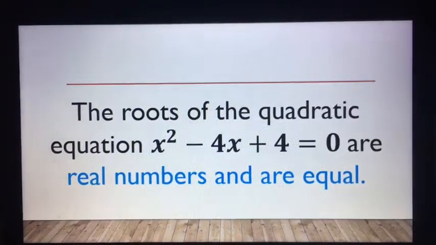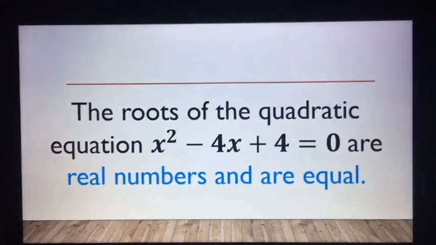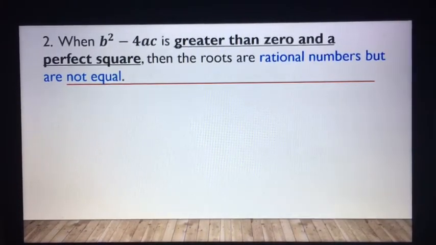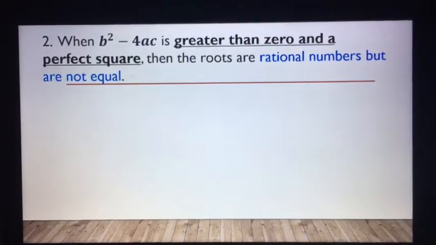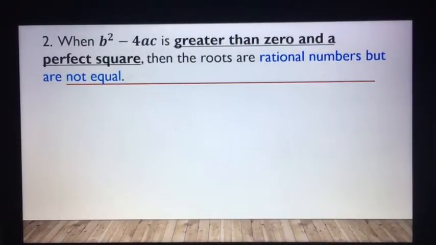So, ayan, the roots of a quadratic equation, x squared minus 4x plus 4 equals 0 are real numbers and are equal. Next, when b squared minus 4ac is greater than 0 and a perfect square, then the roots are rational numbers but are not equal.